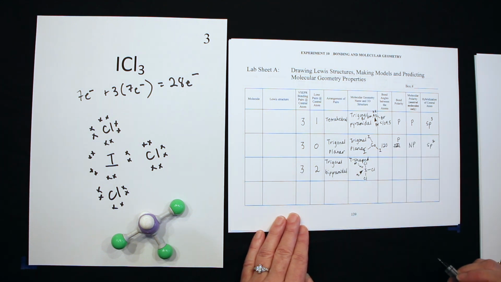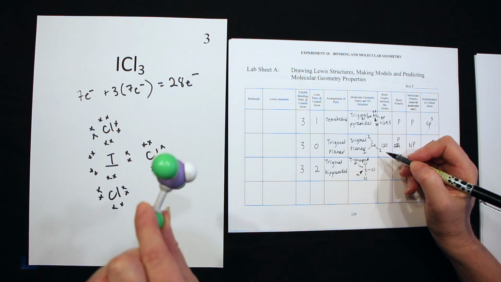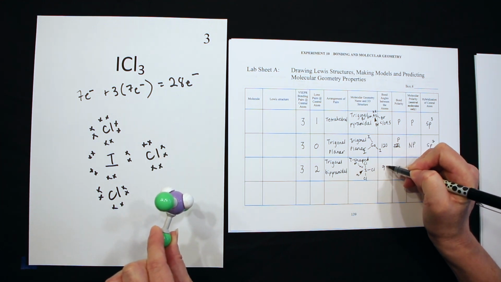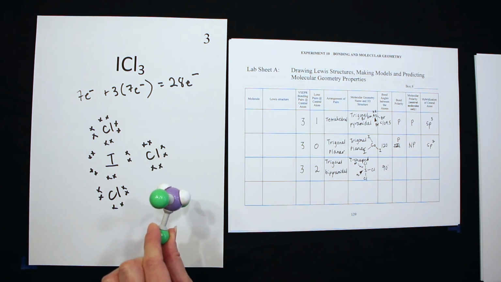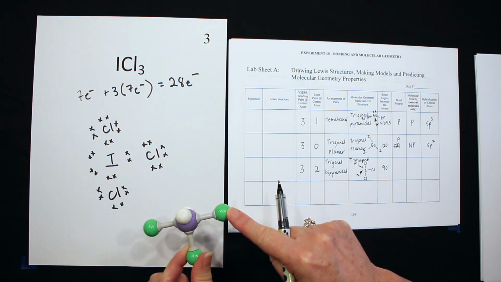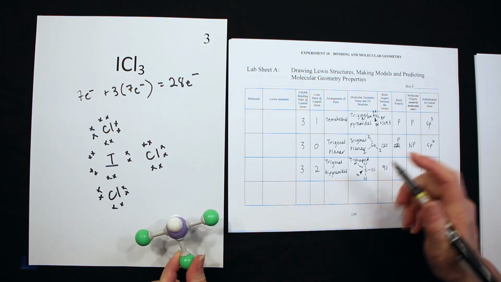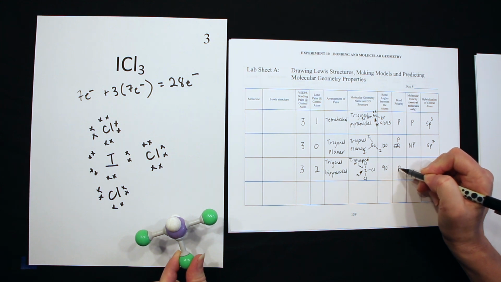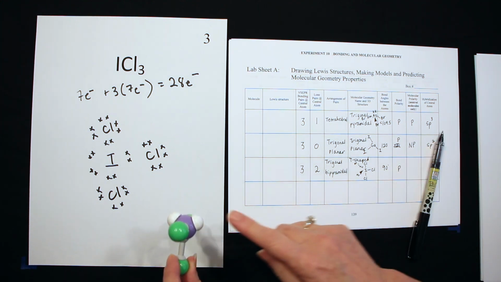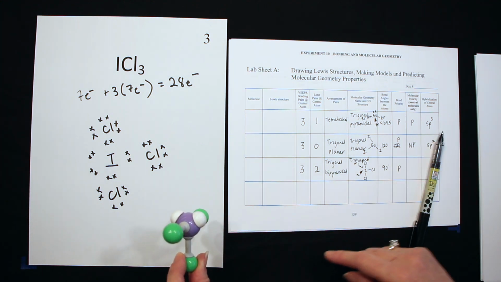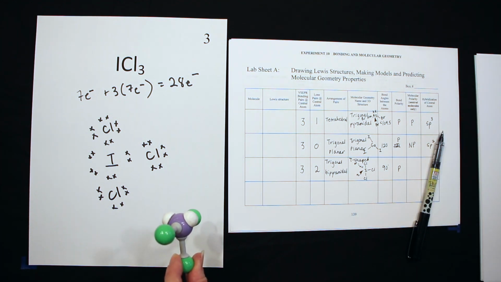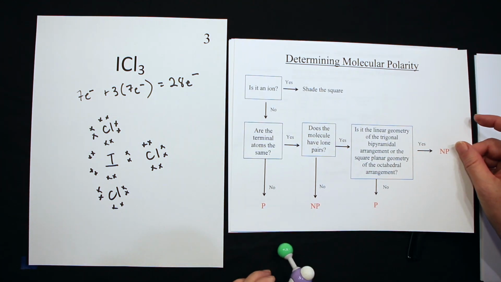The bond angles between these atoms are 90 degrees. The bond polarity between the chlorine and the iodine is polar. And the molecular polarity, you can go through this flow sheet again.